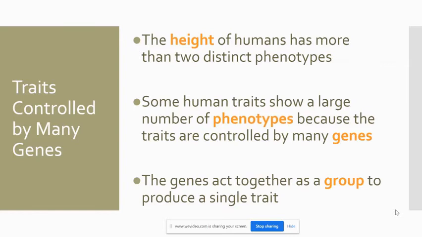Hair color, same thing. We don't just have all black hair or all blonde hair. You have red hair, brown hair, light brown hair, dark brown hair, strawberry blonde, light blonde, dark blonde. All of those different variations are controlled by many different genes.